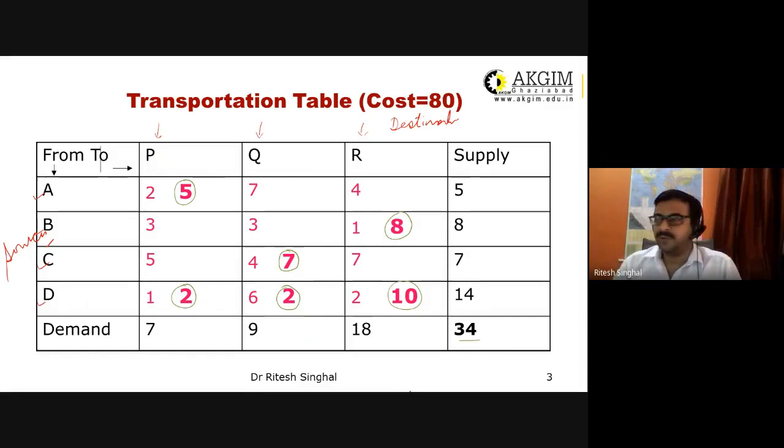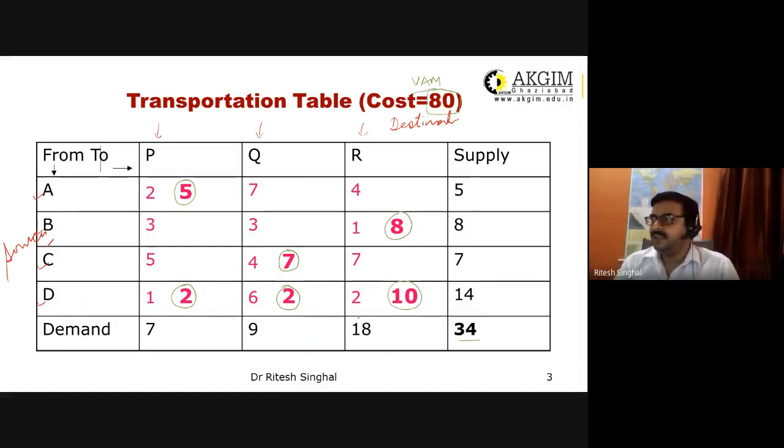So it's a balanced problem. All these 34 units have been transported through these routes: from A to P, from B to R, from C to Q, and from D to P, D to Q, and D to R. And the cost of this problem using VAM, Vogel's approximation method, is 80.